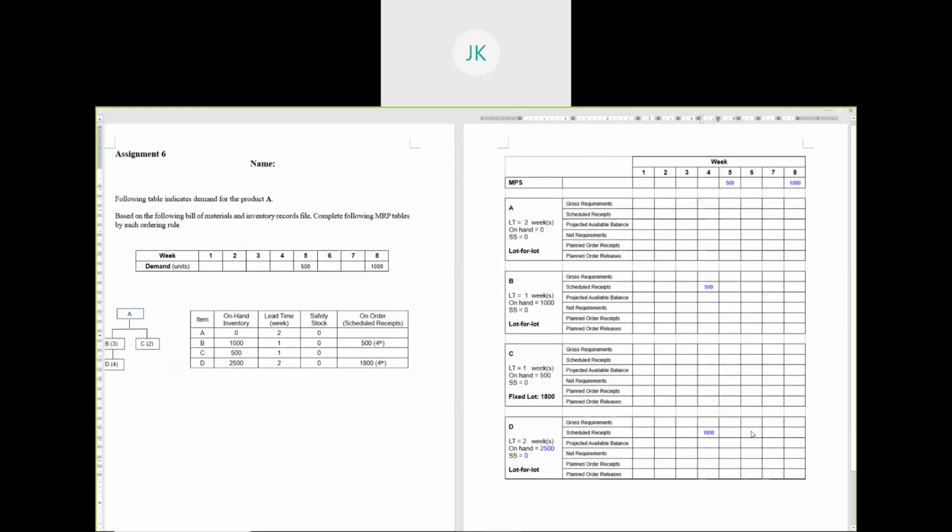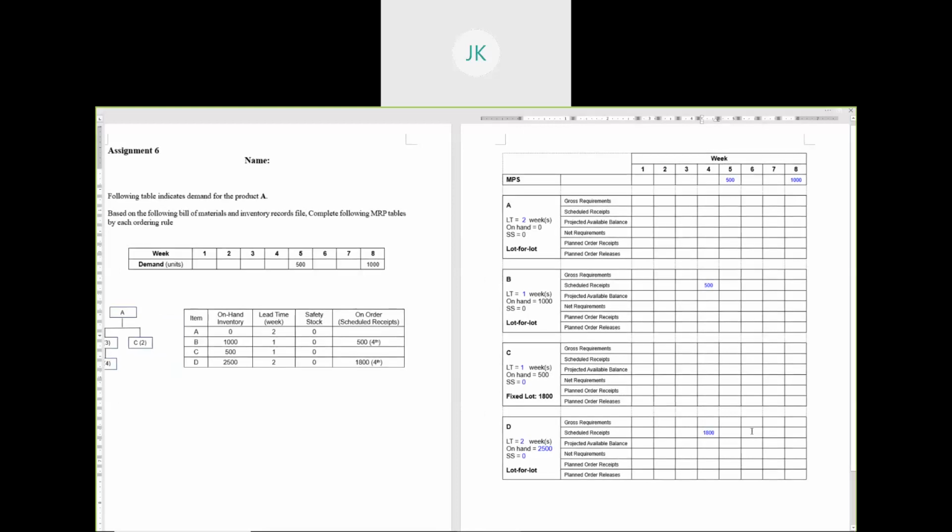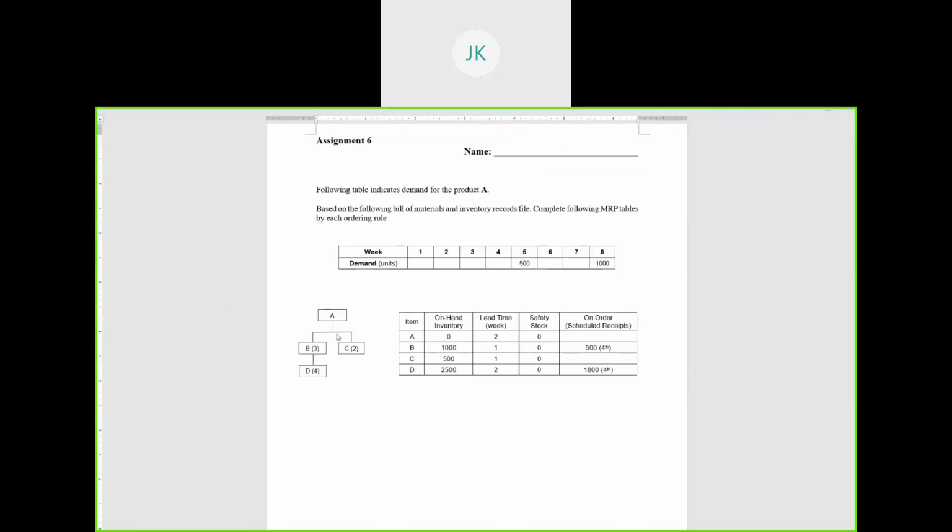I will make it bigger. So from the bill of material, A is connected to B and C, with 3 and 2.